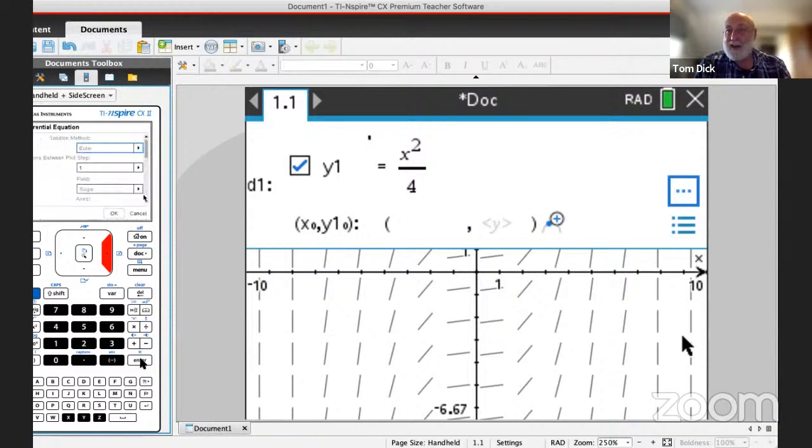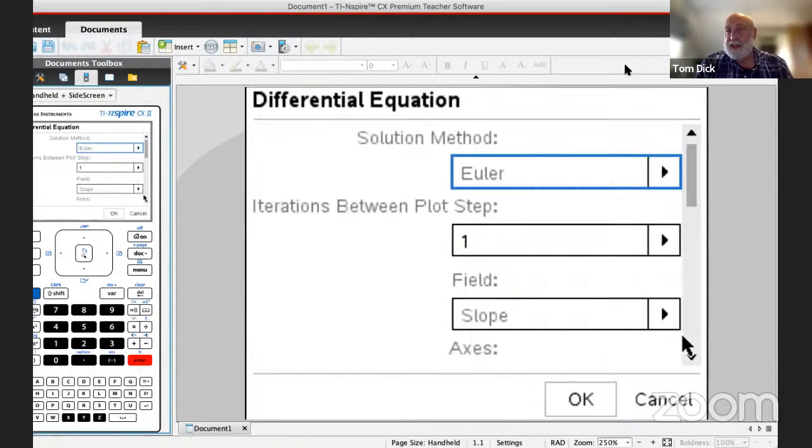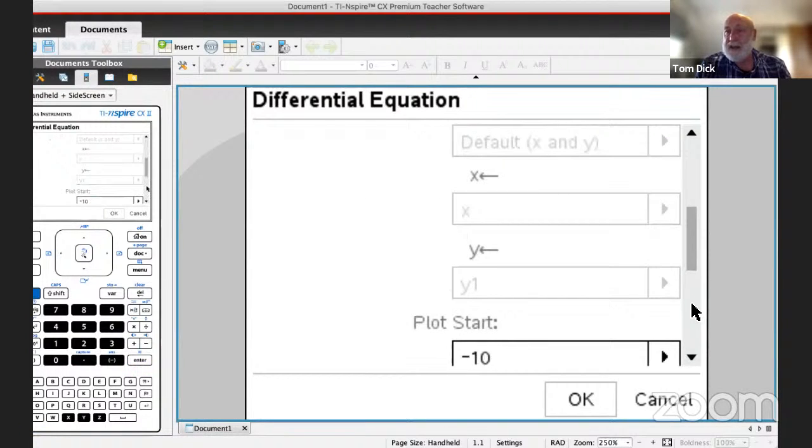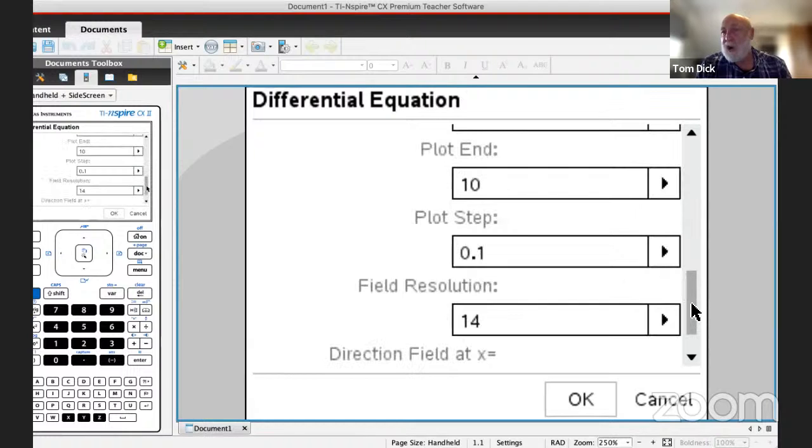So I'm going to hit enter, and I get this long scroll down menu. You can see you can choose Euler's method for plotting your curves, which is a different topic that we're not going to touch on tonight. But let me scroll down and show you the one setting that I change very often when I'm working with the Nspire, and that's the field resolution.